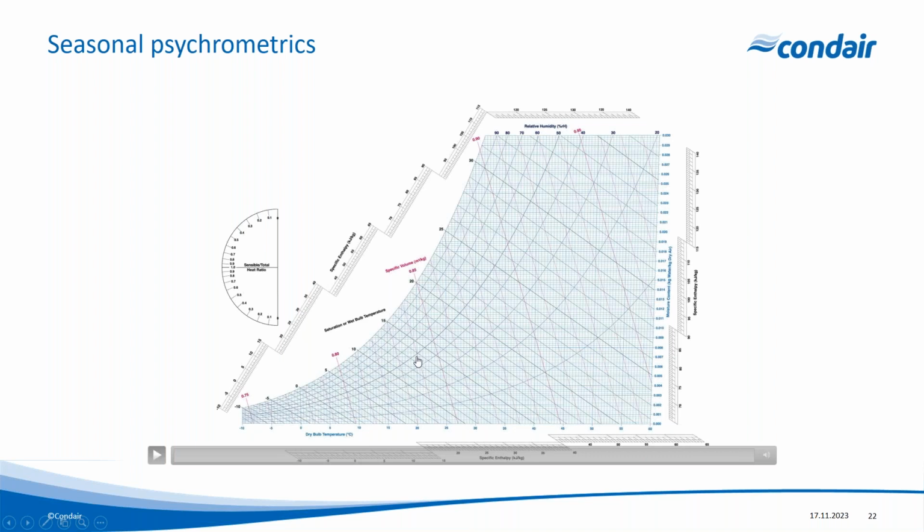I can also read the specific volume of air in meters cubed per kilogram. There's 0.85, 0.86, 0.87, and so on meters cubed per kilogram. So at 20 degrees C dry bulb, 14 degrees C wet bulb, 50% RH, and 0.84 meters cubed per kilogram.